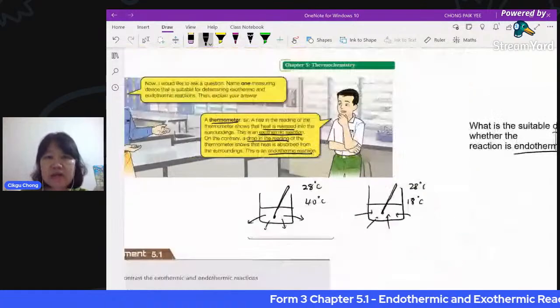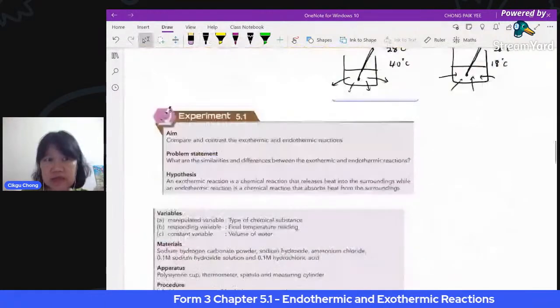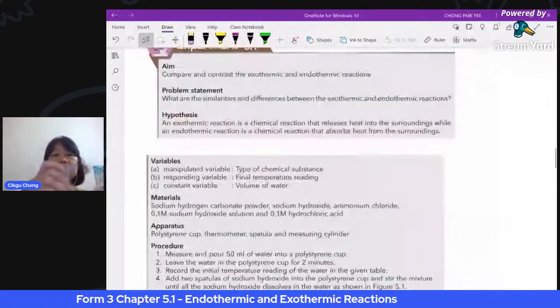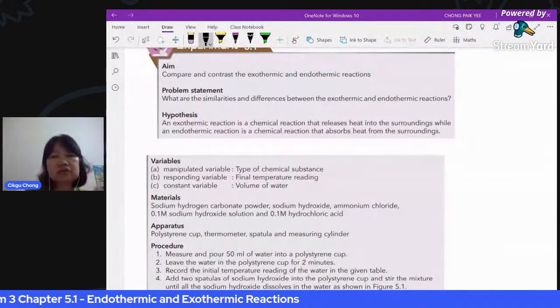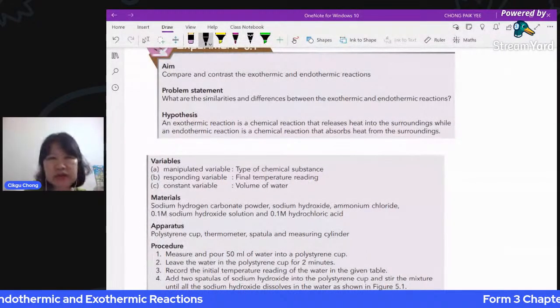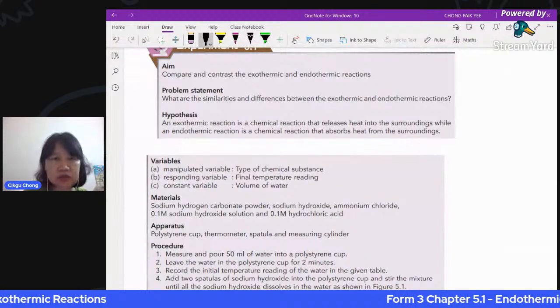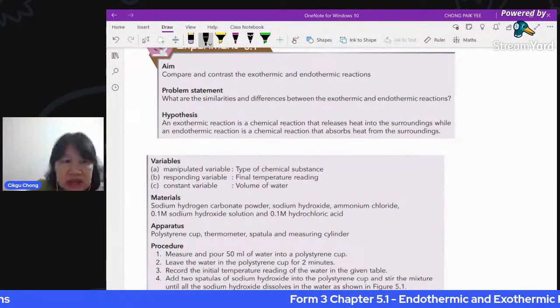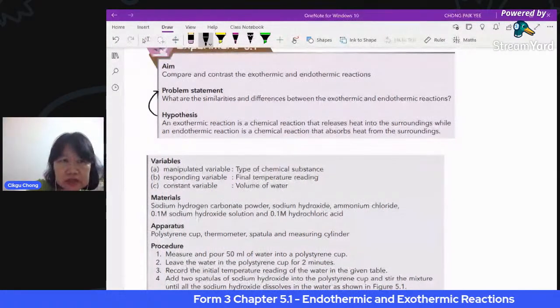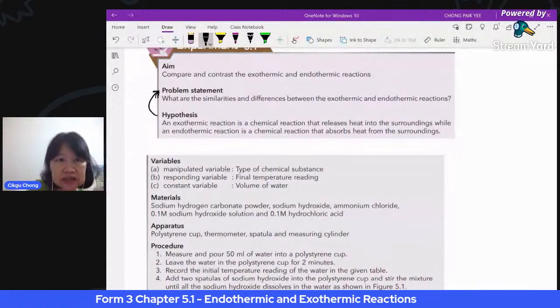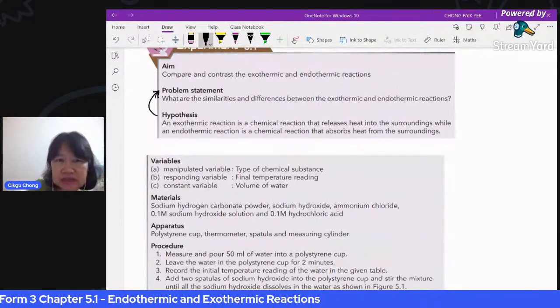All right, now there are 4 experiments to be done here. This is to know what is the similarities and differences between endothermic and exothermic reaction. So you need to actually, hypothesis is answering the problem statement. Okay, so this is to answer here. Actually, not similarities and differences. I would like you to change this.